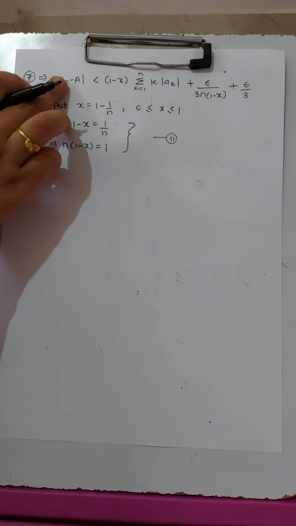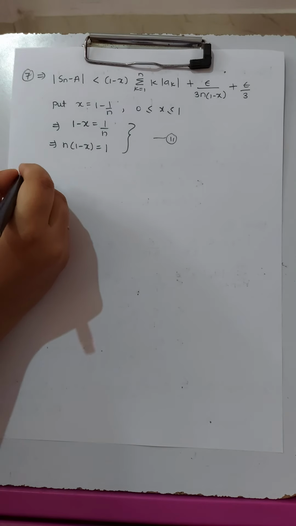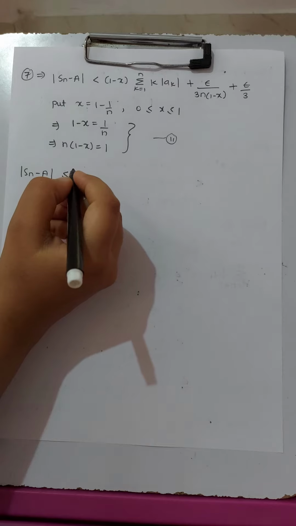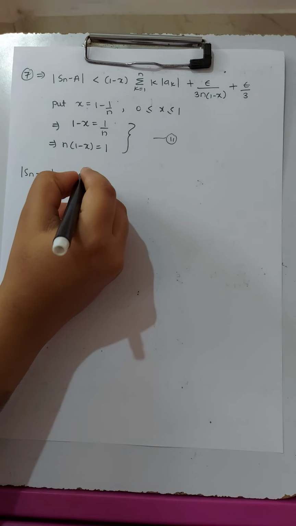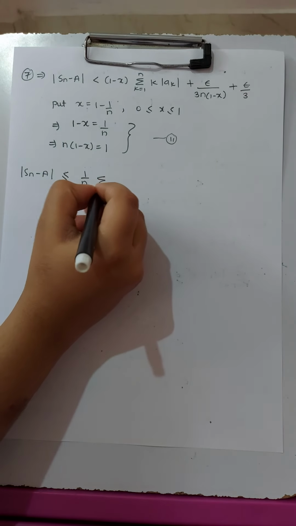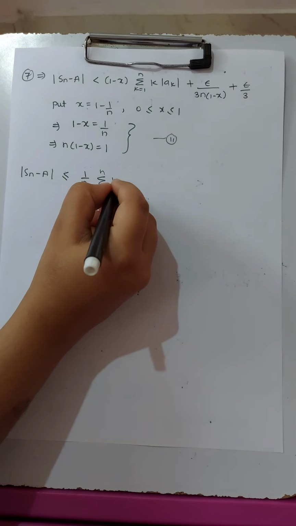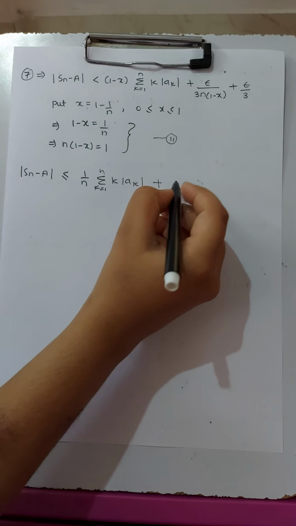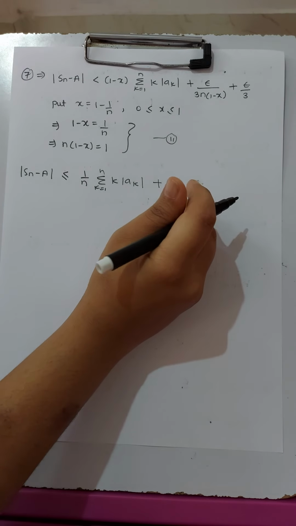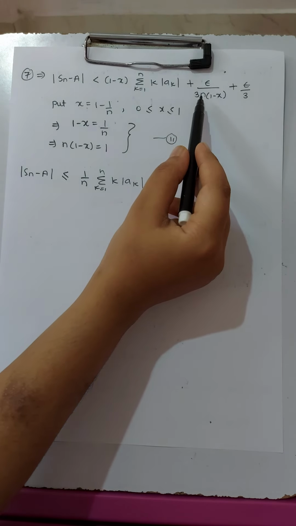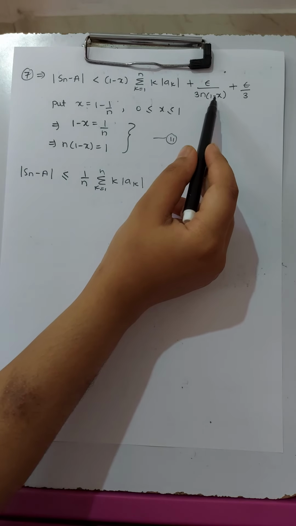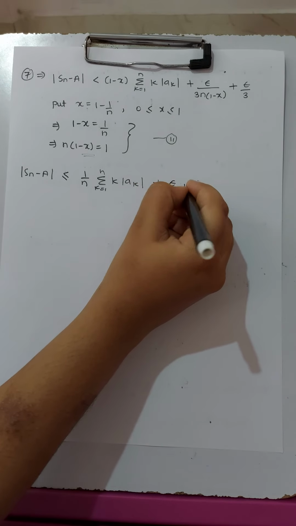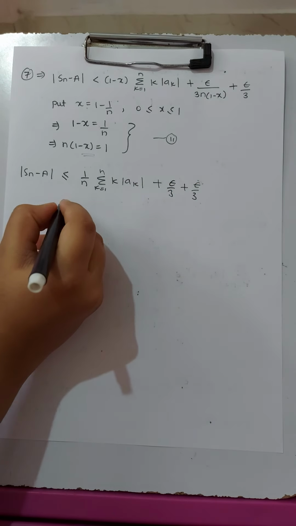So from this we have Sn minus a less than, now since 1 minus x equals to 1 by n, we will put here 1 by n summation k from 1 to n k ak plus, now epsilon upon 3 and n(1 minus x) is 1. So this is epsilon by 3 plus epsilon by 3.